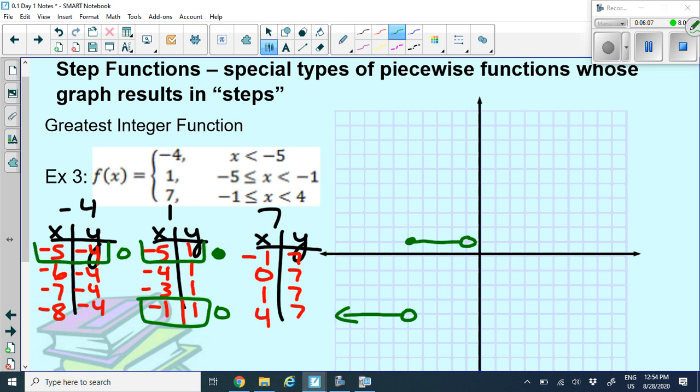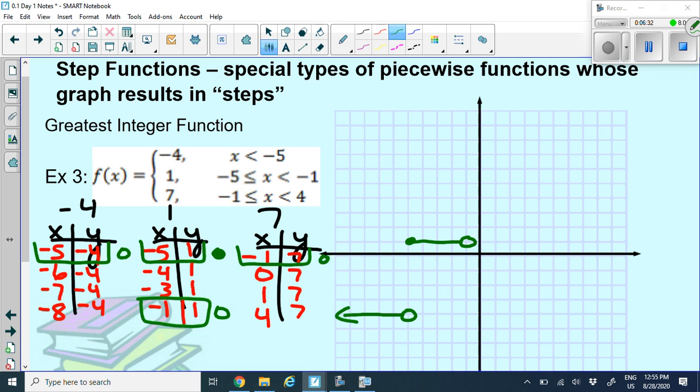So when we are doing these, you can have a ray, and usually you're going to have a ray when there is only one part to the restriction, or a segment when you have two parts to the restriction. Okay, let's go ahead and do the last one. Once again, there are two parts to the restriction, so we need to ask this twice. So for -1, 7, when we plot that point, is that going to be open or closed?